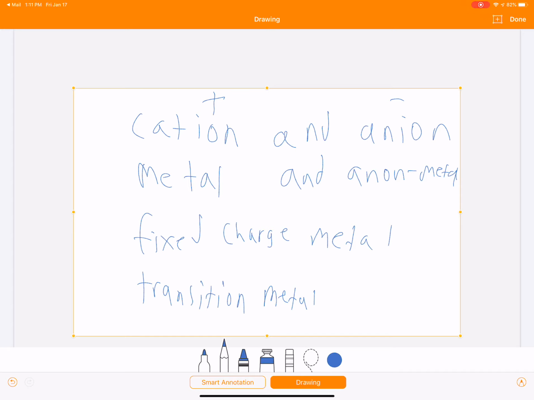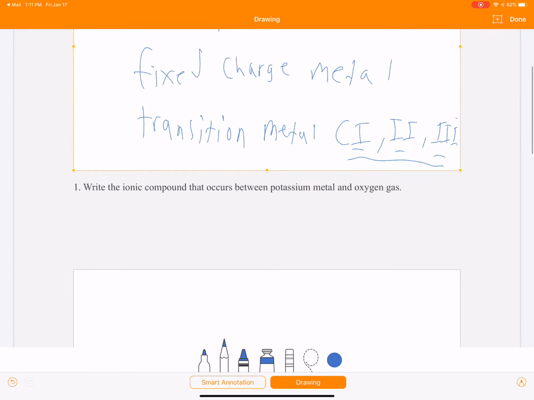So if you're writing an ionic compound and the problem gives you an element with, let's say, a Roman numeral, we'll say 1, 2, or 3, although you can get ones with more, higher up, you can get even 5. That's telling you the charge of the metal. So the Roman numeral denotes the charge of the metal. So just be careful of that. If you're given a transition metal bond and it doesn't specify what type of charge it is, you have to write ambiguous or not specific enough, because teachers will do that in high school to test your knowledge.